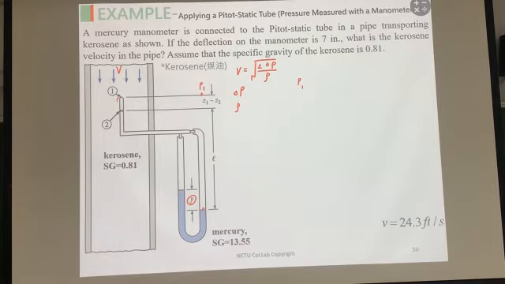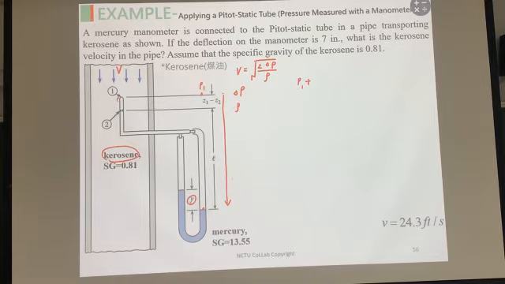The elevation change starts from D1 minus D2 and L in here, so we know the total length difference. We need the elevation change from here to here. So how much is the elevation change? And the liquid in here is kerosene.